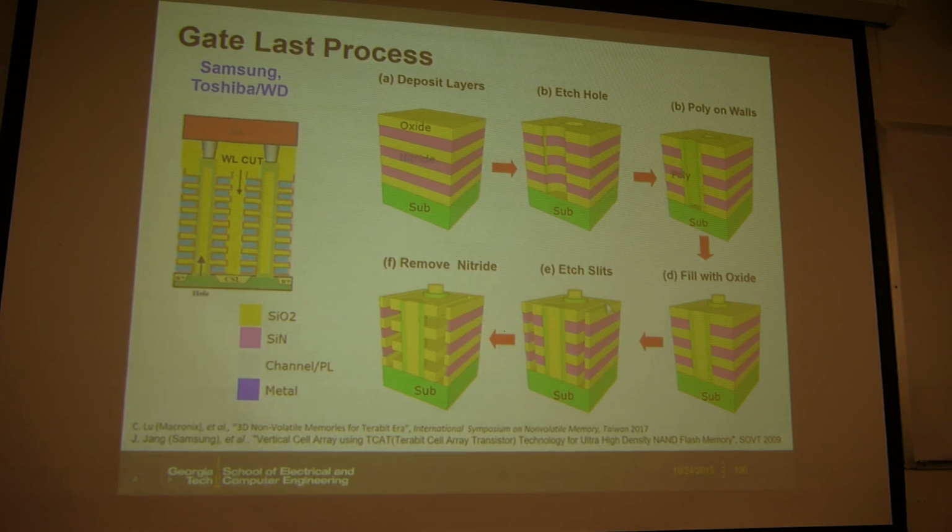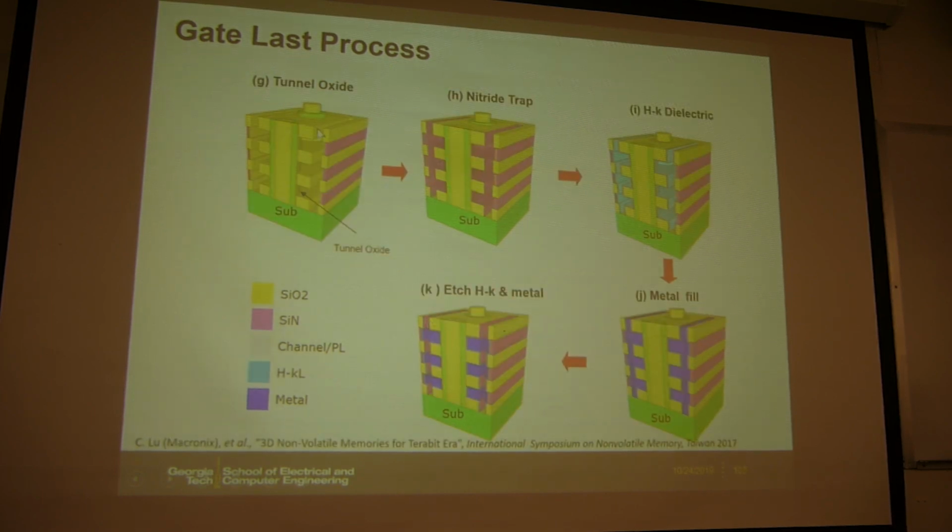Then you cut the word line, and then remove the nitride, this sacrificial gate, and then refill the gate, regrow the tungsten oxide, followed by the nitride charge trap layer, and then high-K dielectric, which is the interpoly dielectric, and then fill with the metal. Basically, you form the SONOS, this TANOS structure, and then eventually you etch out. So this is the process.